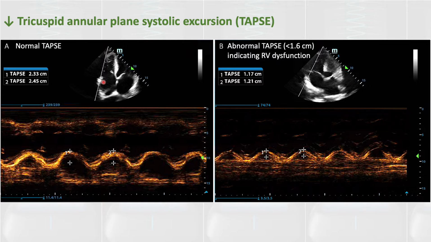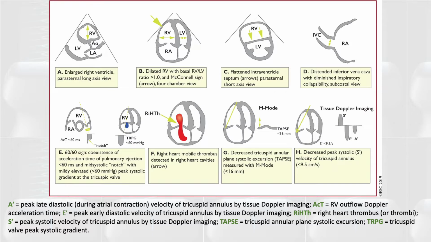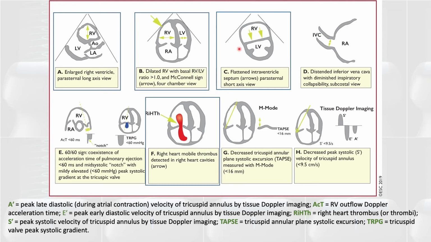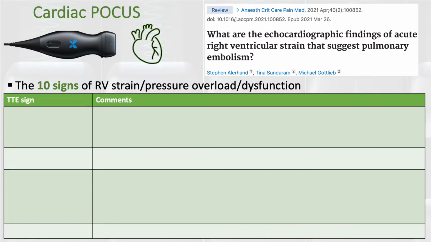And this is done by just looking at more and more ultrasound, cardiac ultrasound images. But also you can be more objective and do some measurement. So again, these are a representation of some of these findings, but we're going to talk about only some of them in the next slide.